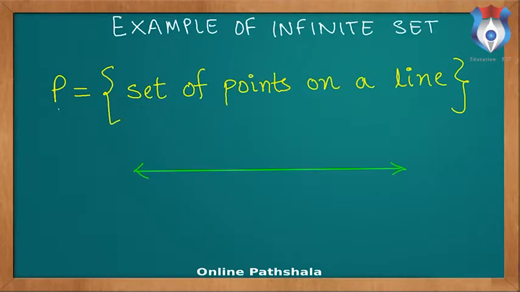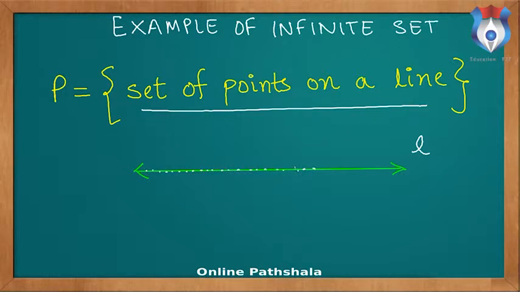Let us say that we have a set P which consists of the set of points on a line. Now if you recollect, a line is defined as extending in both the directions. Let us say that this line is L, and how many points can you have on a line? Because it is extending in both the directions, you can just keep on having so many points.